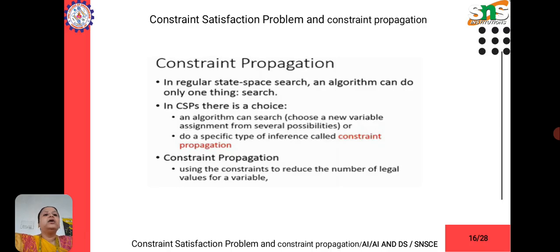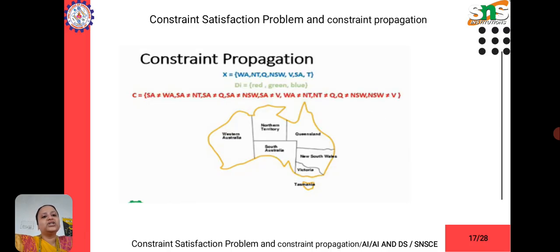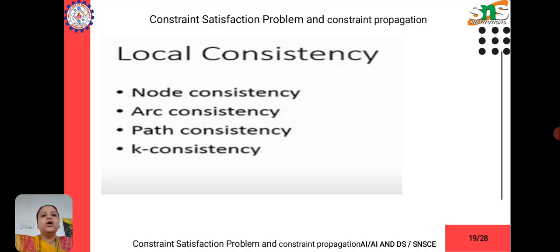Now this is how the constraint propagation diagram looks. You should follow the different conditions, the different constraints, the different variables and the domain that is provided. Now local consistency is of four types, that is node, arc, path and K consistency.